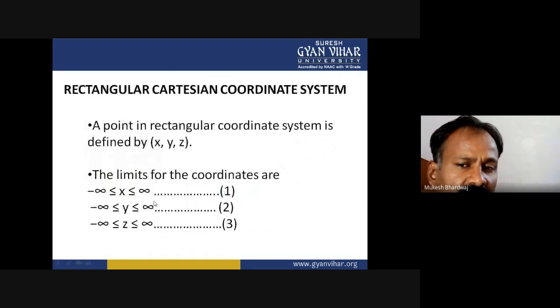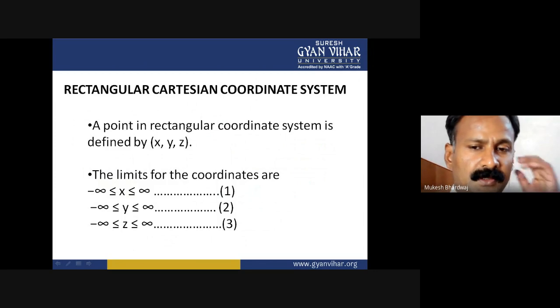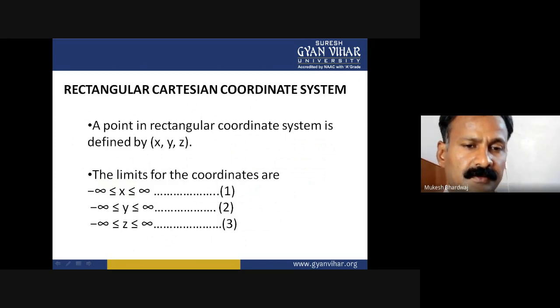A point in the rectangular coordinate system is defined by x, y, z. The limits for the coordinates are minus infinity to infinity for x, minus infinity to infinity for y, and the same for z.